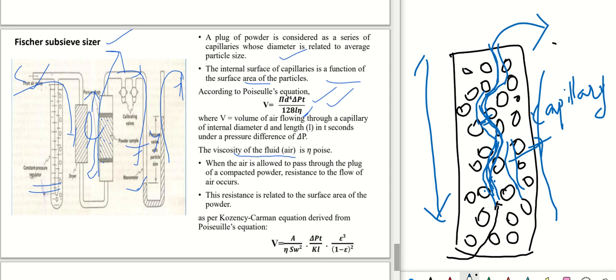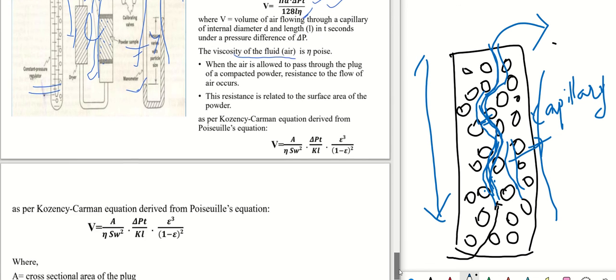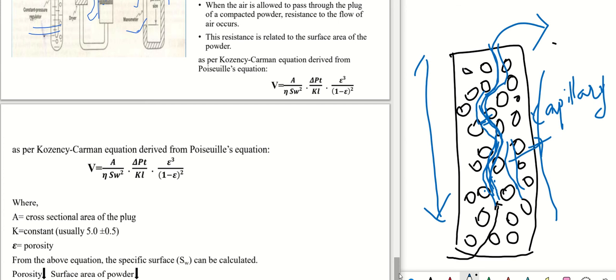For this conversion we need to consider one equation known as the Kozeny-Carman equation, which is derived from Poiseuille's equation. In this equation, we are considering one parameter, epsilon. This epsilon represents porosity, which is one of the derived properties of powder or particles.